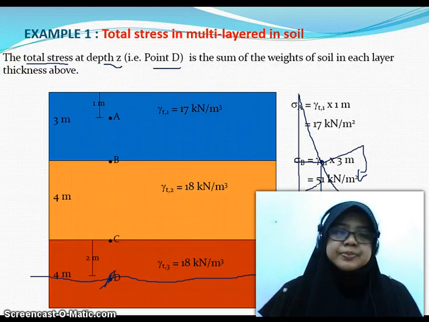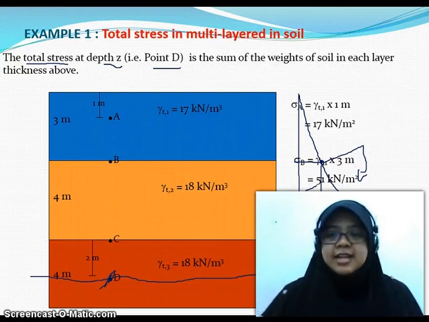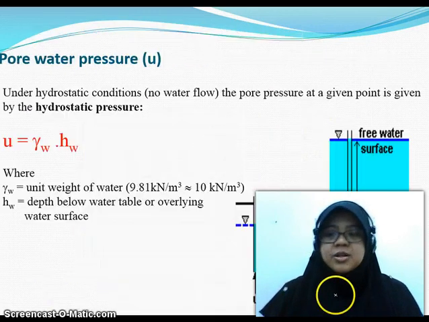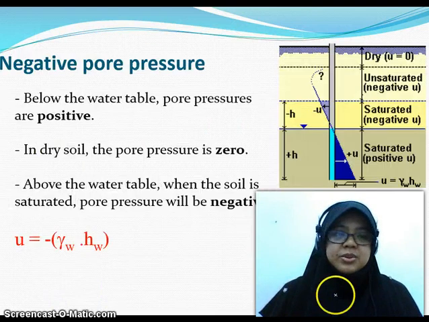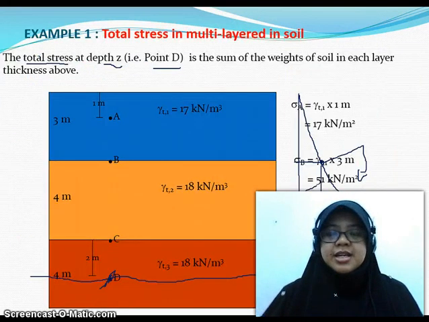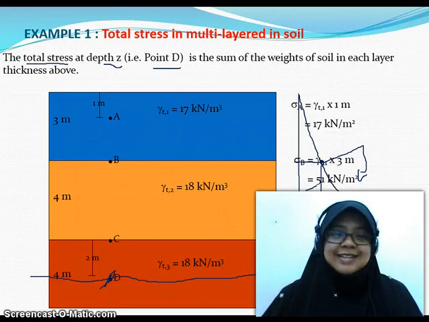Take your time, try by yourself how to calculate, adding all the stress calculation layer by layer. Or if you want, later on I will show you. We also can have a speed calculation type to get the stress at D later.